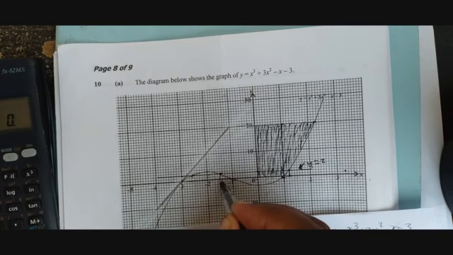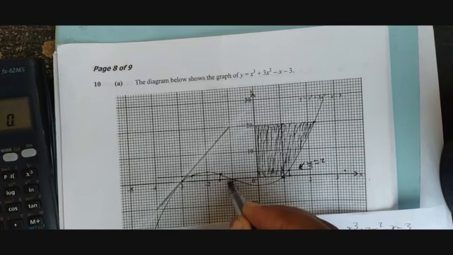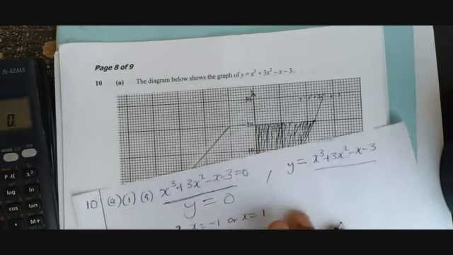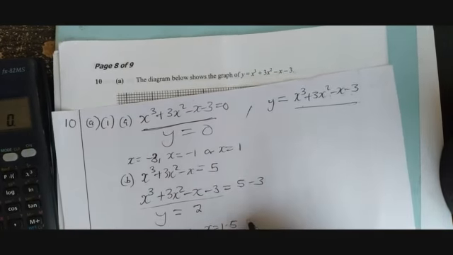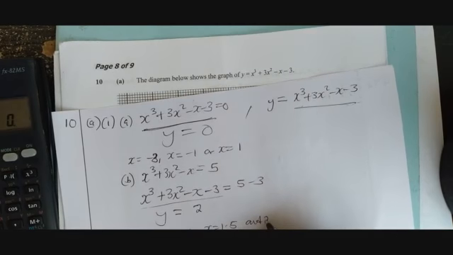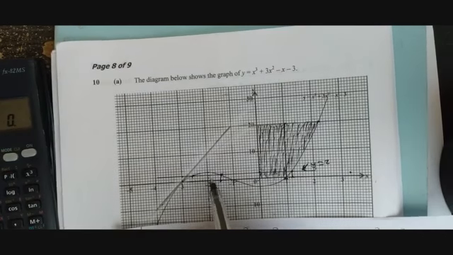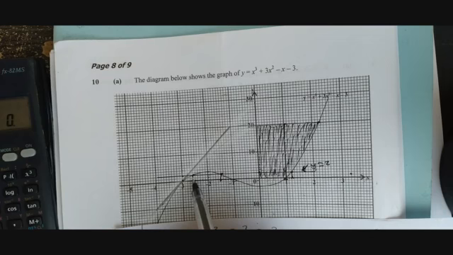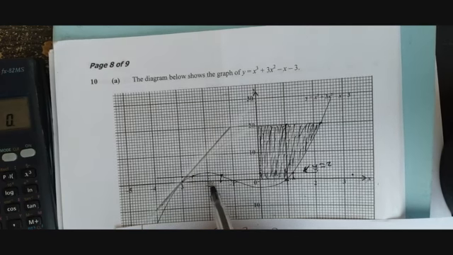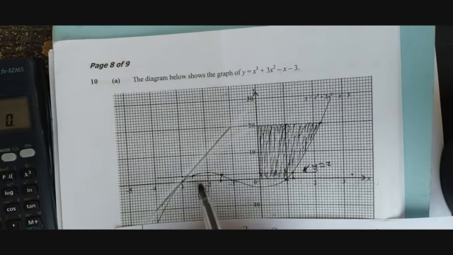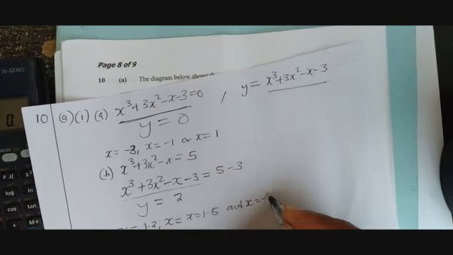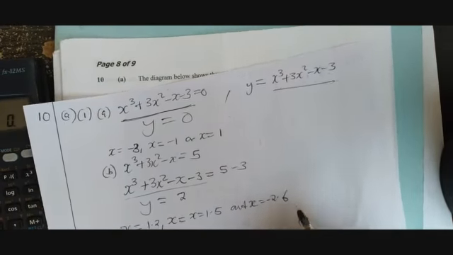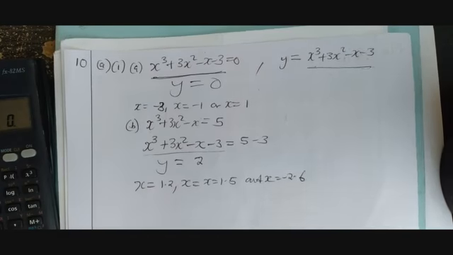What are the coordinates here? This is 1, 1.1, 0.2, 0.3, 0.4, 0.5. So x is negative 1.5. Then another x is equal to, because we are meeting this point here at this point, we'll say 1, 2, 3, 4, 5, 6. So you have got negative 2.6. Okay? Those are the values for that one.